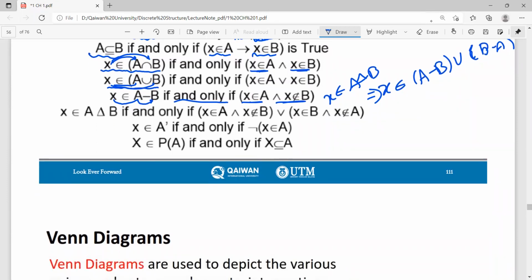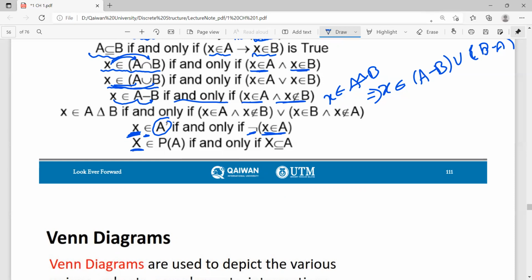When we say X is in A complement, as we said, A prime means A complement. It means the negation of X being in A. The negation of X being in A means X is not in A, so it's in its complement.